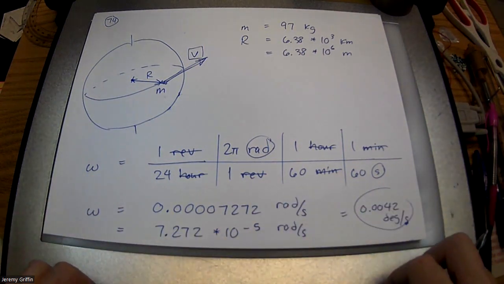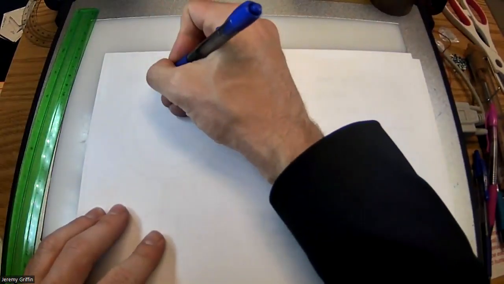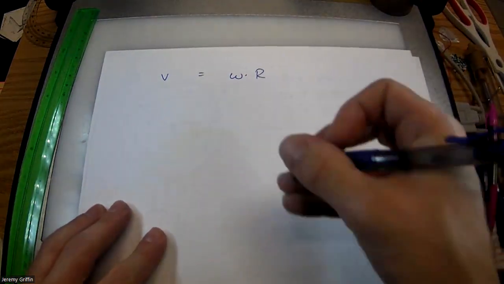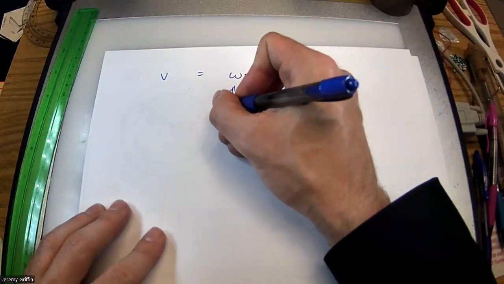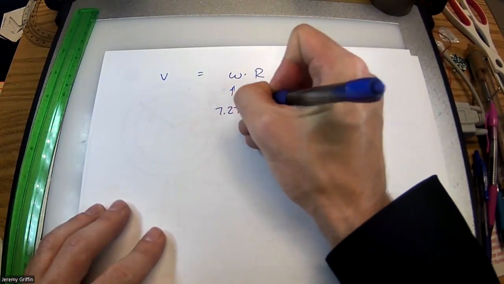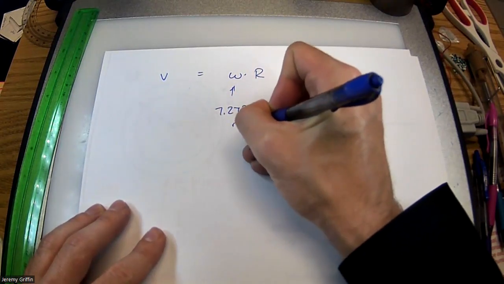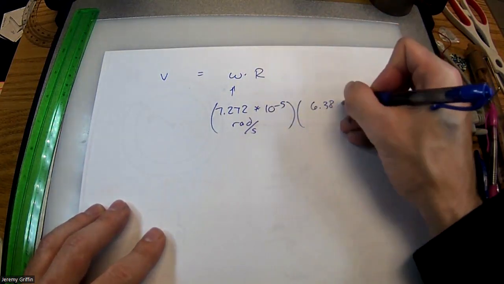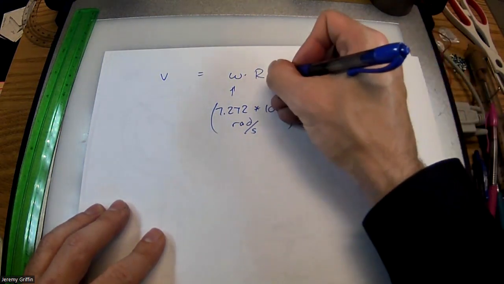So we got the angular speed. That could actually answer the question. But suppose you want linear speed. Isn't linear speed equal to angular speed times your radial distance from the center? So let's plug in 7.272 times 10 to the -5, that's radians per second, and we got a radius of 6.38 times 10 to the 6, because that's meters.